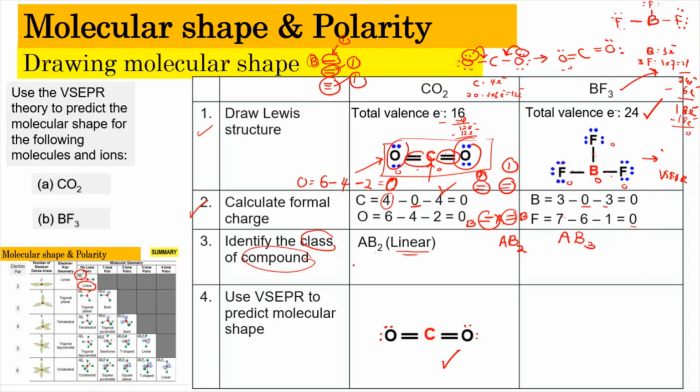As you can see here, you can refer to the previous page if this is too small for you. AB3 refers to a trigonal planar shape, so we need to draw it like a fidget spinner: A, B, B, and B.